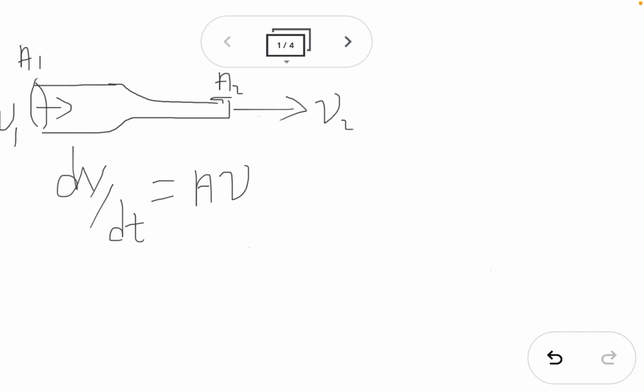Okay, so for instance, if we are saying the volume flow rate at point 1 is given as the area at point 1 multiplied by the speed of the fluid at point 1, then the volume flow rate at point 2 is going to be given as the area of this pipe at point 2 multiplied by the speed of the fluid as it passes through point 2.